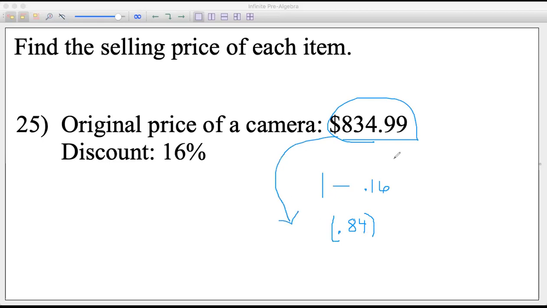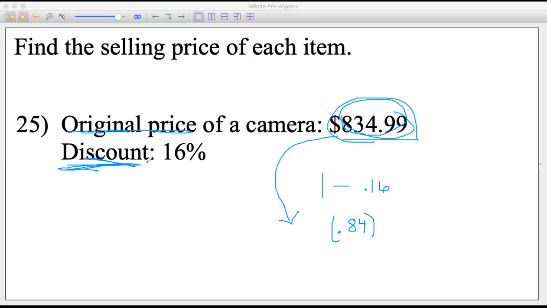And if it was a markup, what would be the only difference, Connor? It would be 1.16 times this big ugly number. Because it was a discount. You see where it says the word original price?